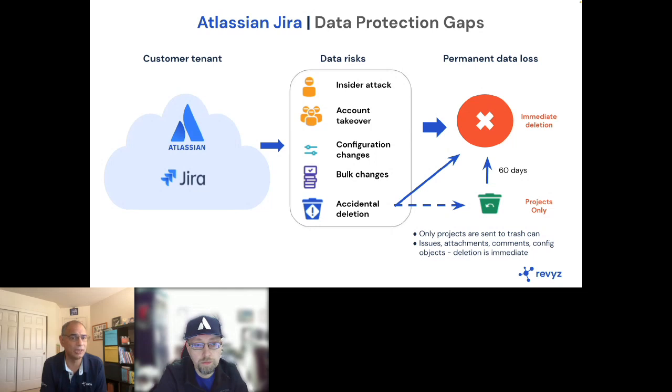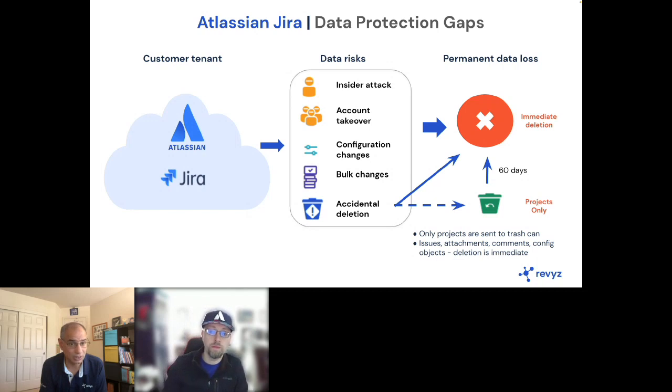If attachments get deleted accidentally or issues get deleted accidentally, that piece of information or data is gone forever instantaneously. On the other hand, if you delete a project, it goes into a recycle bin within your Jira or Confluence, and it sits there for 60 days, after which it gets automatically deleted.